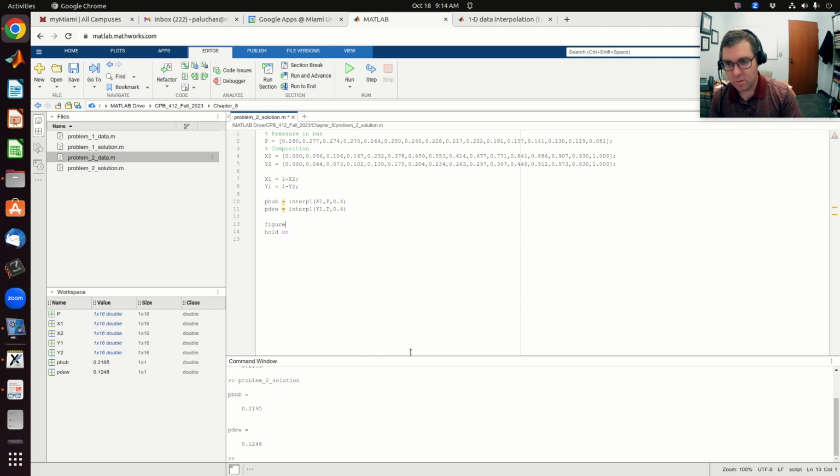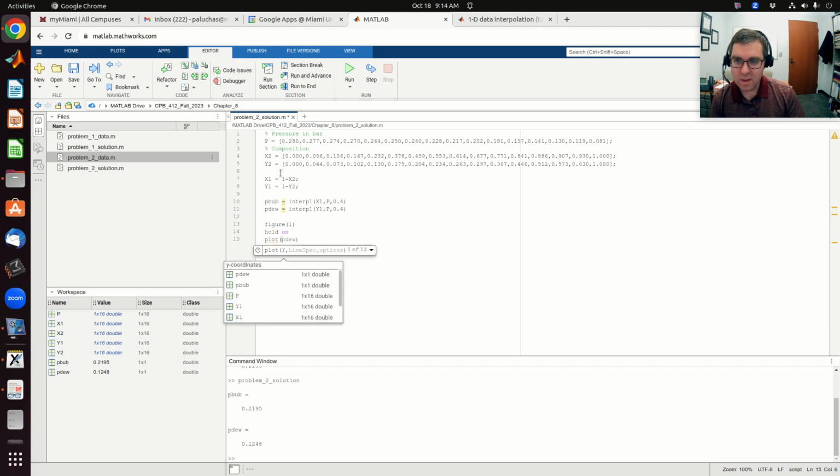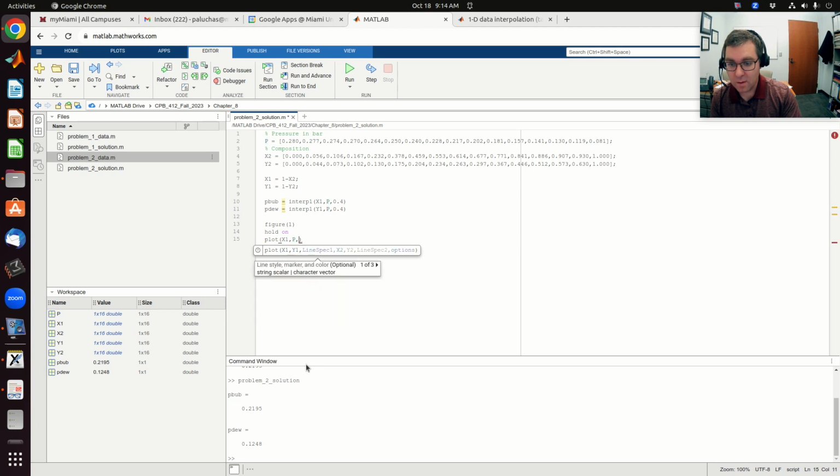So actually I'm going to do two. I'll plot with respect to the least volatile component just so we can compare. So I'm going to plot x versus p and then y versus p. I'm going to plot x1 versus p, and my bubble line I'll plot as a black line.